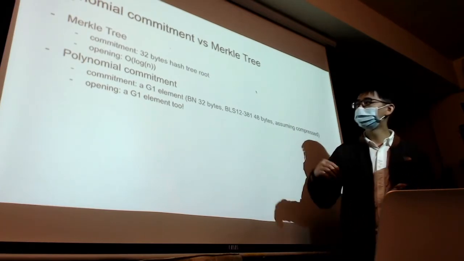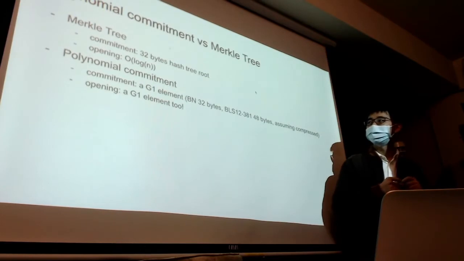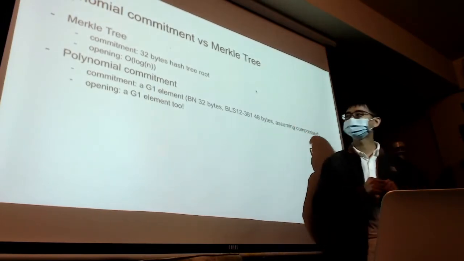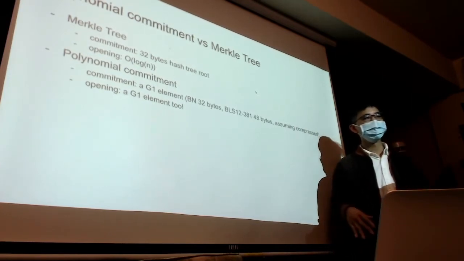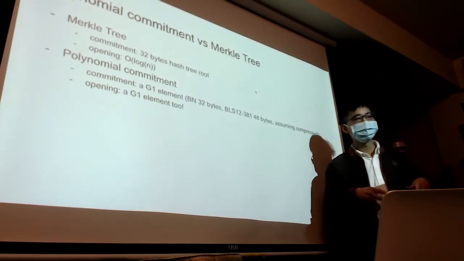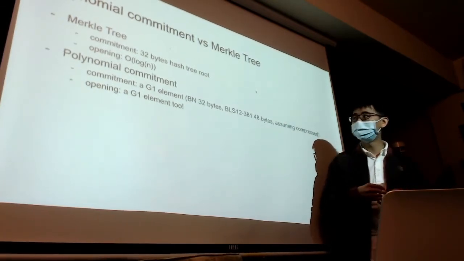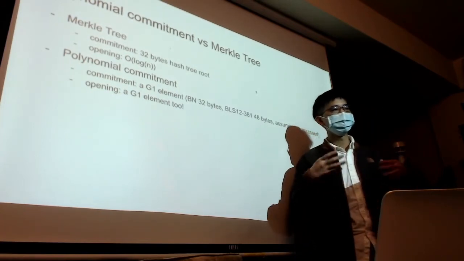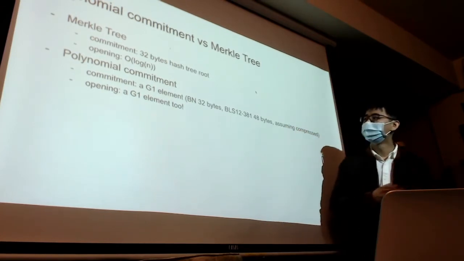When we do the Merkle tree commitment, the commitment itself is 32 bytes of hash tree root. But if you want to prove membership of a particular leaf in that tree, you need to provide some data. Usually you call it a witness or a proof.